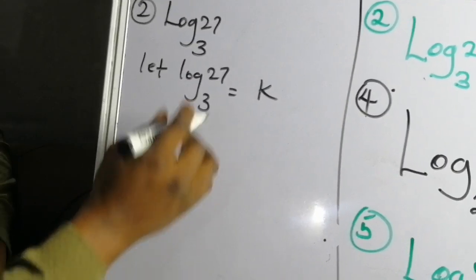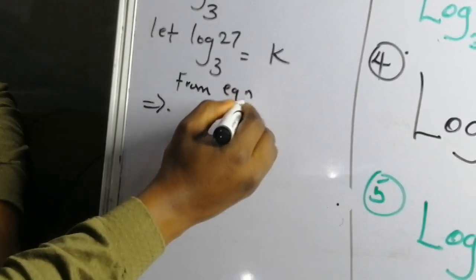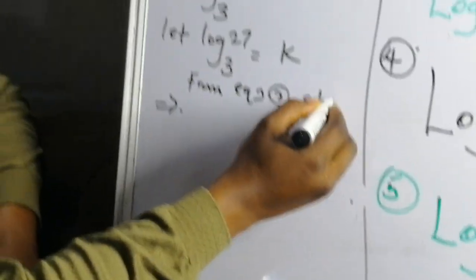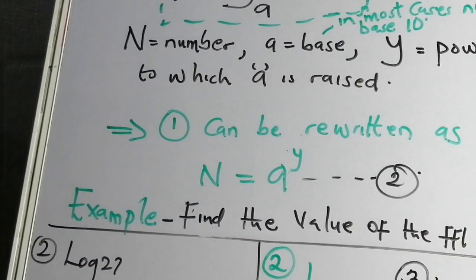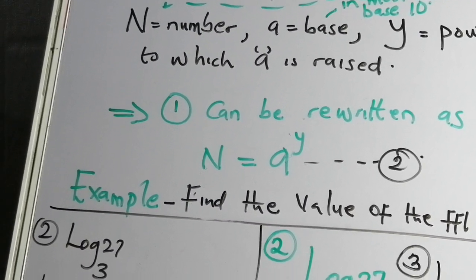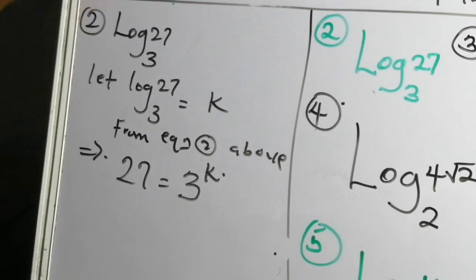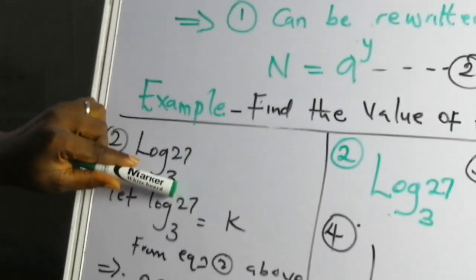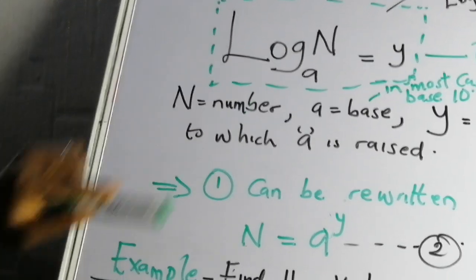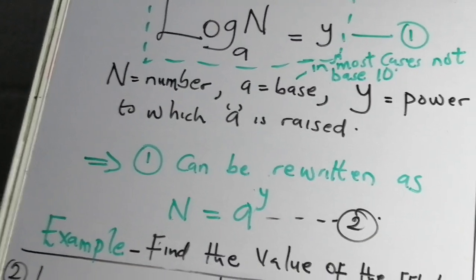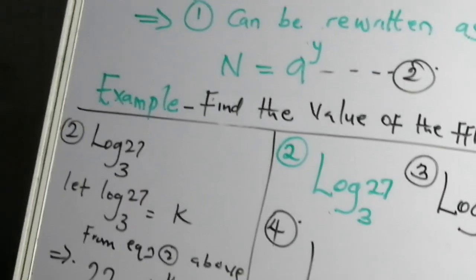So from equation 2 above, I have 27 equals 3 raised to power k. It's as simple as that. In this case, my n is 27, my a, which is base a, is 3, so my y in this case is k. You understand?